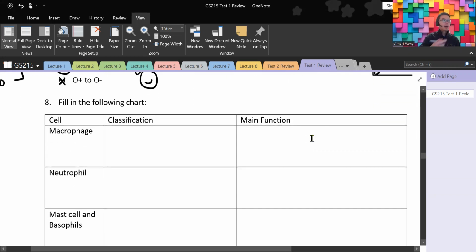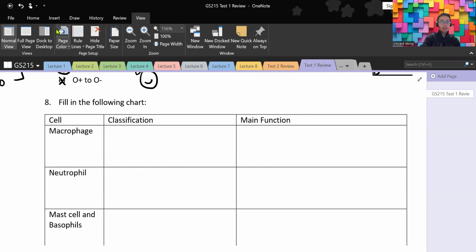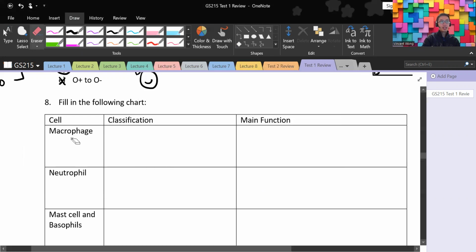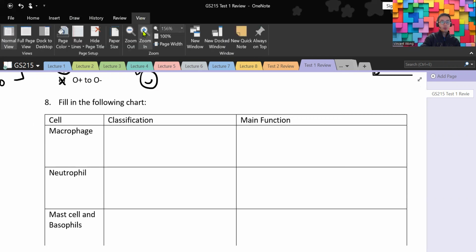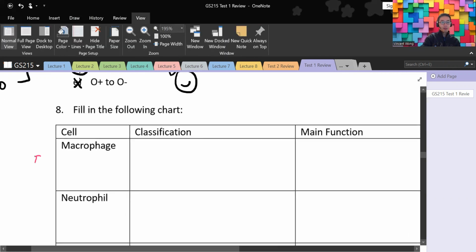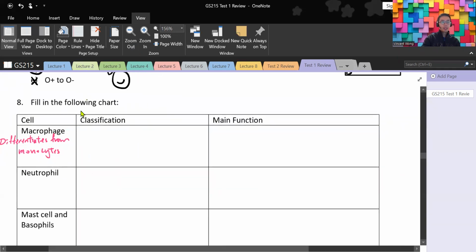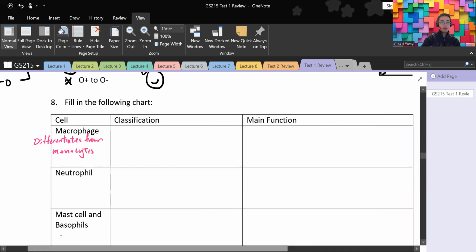Okay, next one. We have a bunch of cells here. We can classify them. We're going to write some functions related to them. Hopefully it'll make sense. First one, we have the macrophage. Just to refresh your memory, the macrophage differentiates from monocytes. And we would classify macrophage as a couple things.